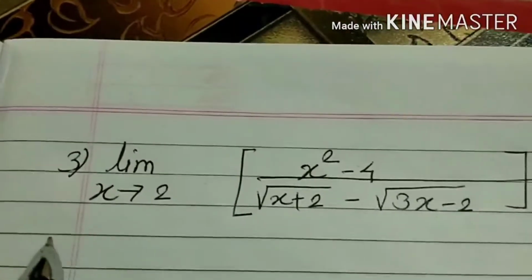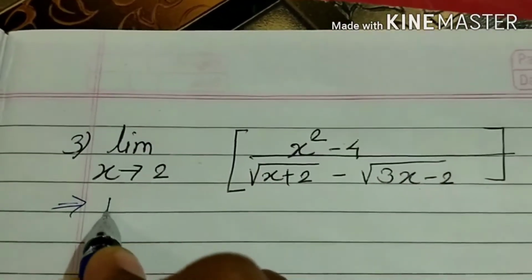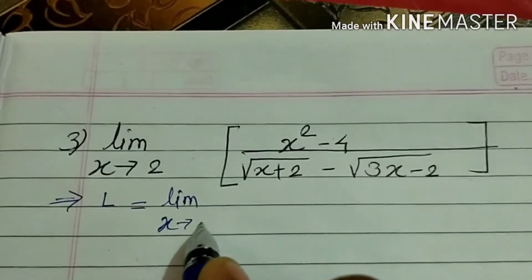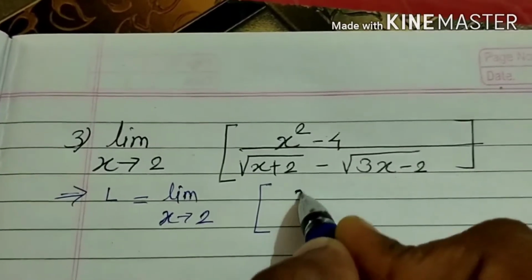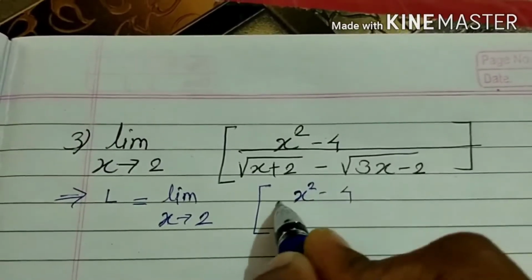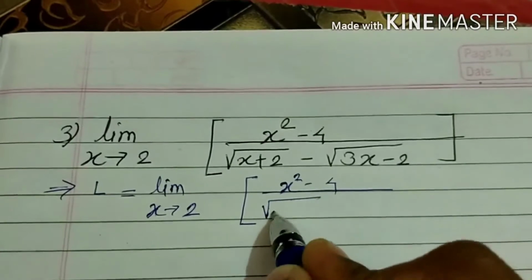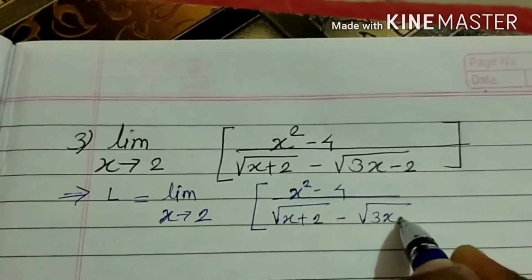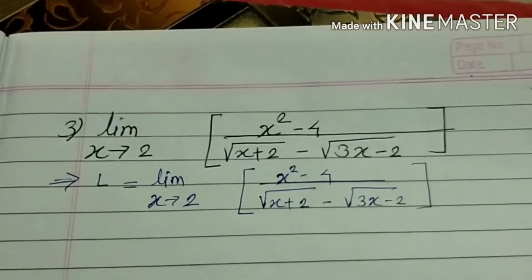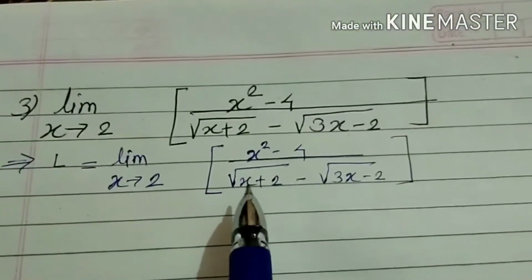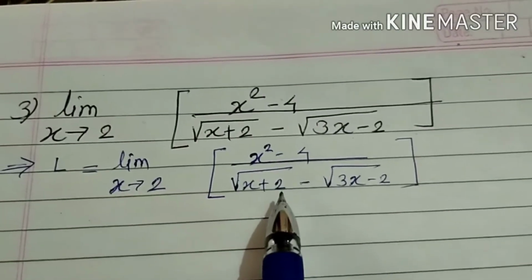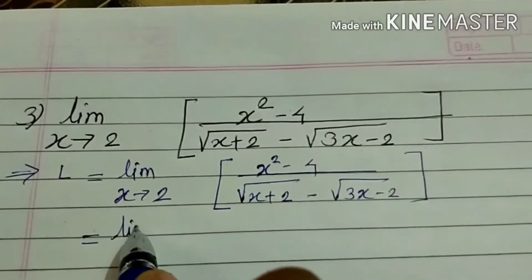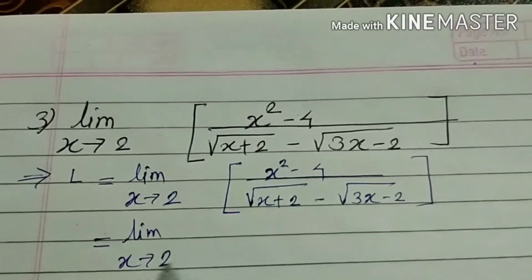Now take it as limit L. Okay. So in this example we have to rationalize the denominator. So same method, divide and multiply by its conjugate.